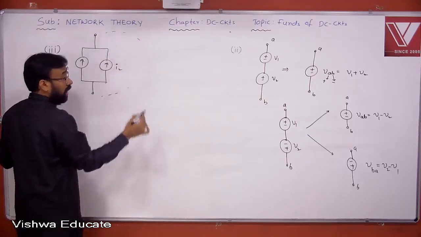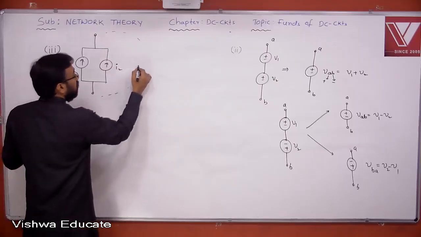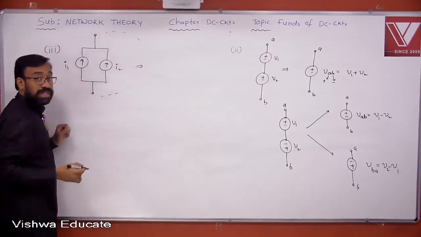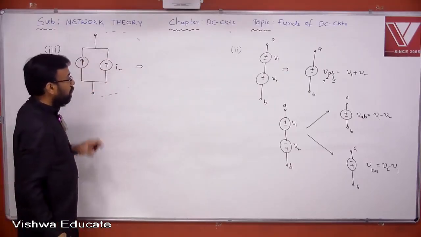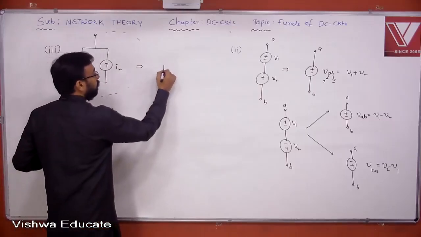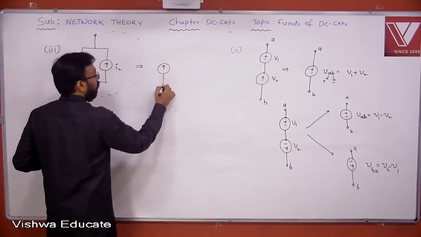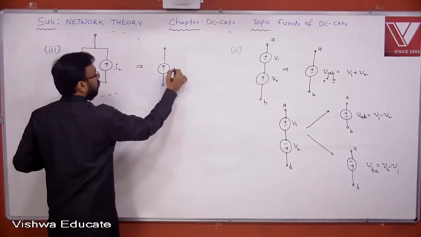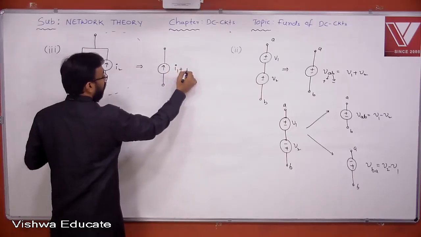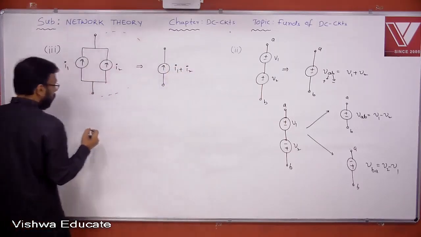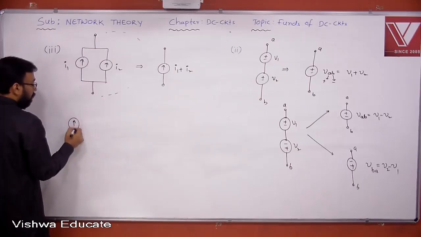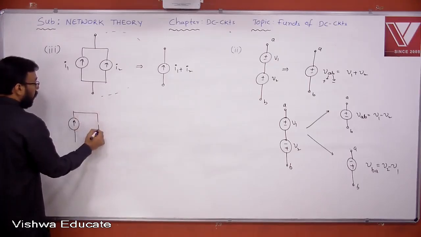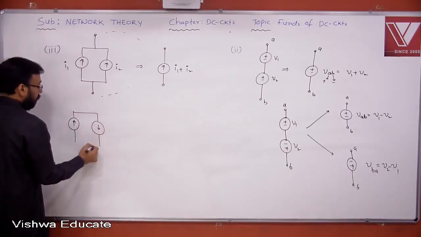Assume that there is a load, otherwise it is meaningless. Just now we have seen in the previous sessions that the current source must not be open. What is this? I1 plus I2. Similarly, I1 is up, I2 is down, let us say.